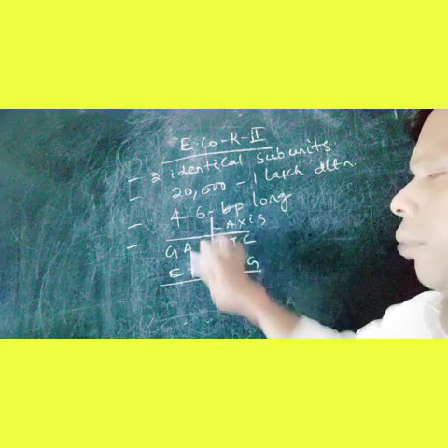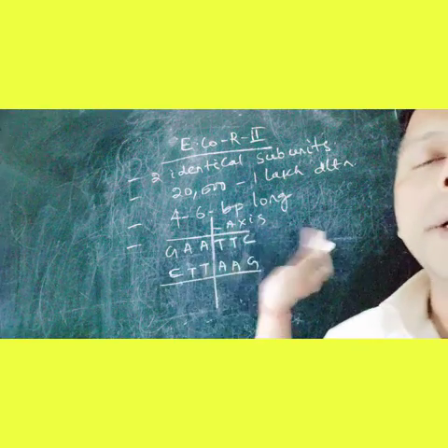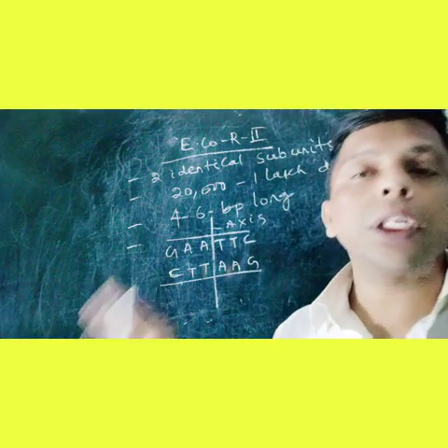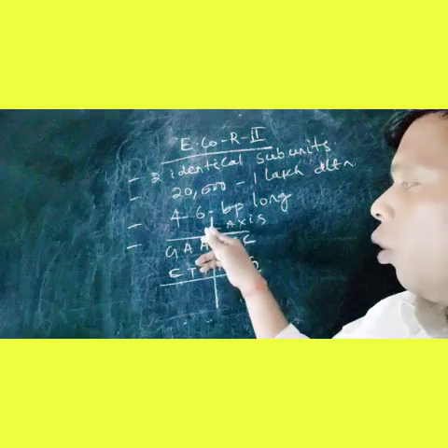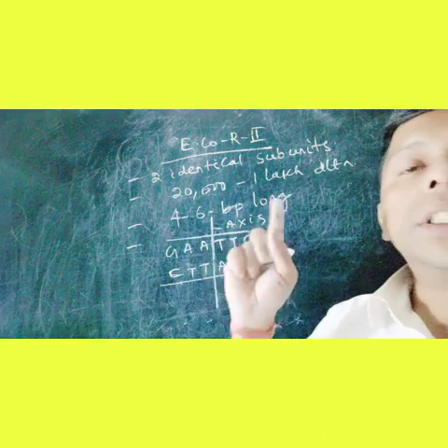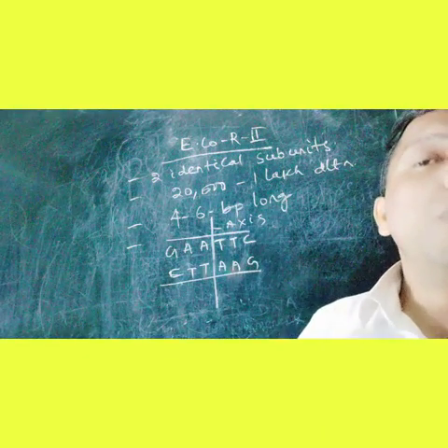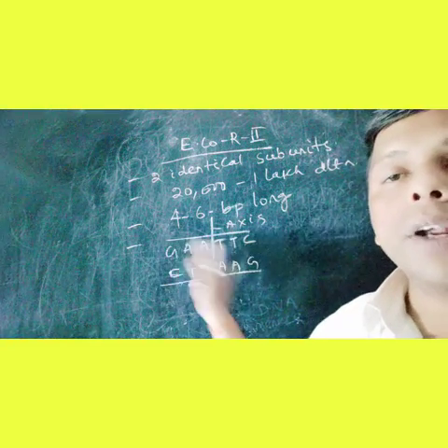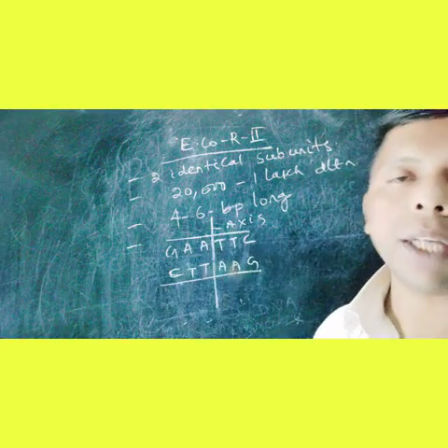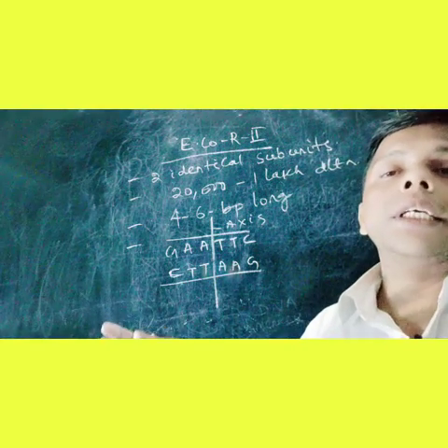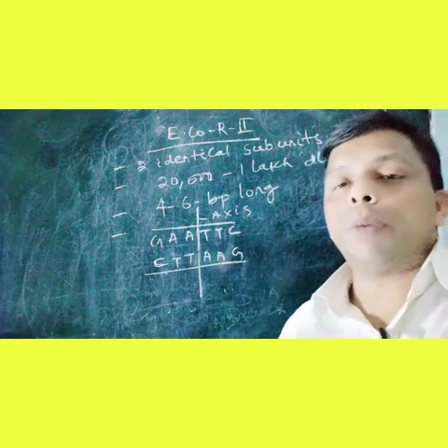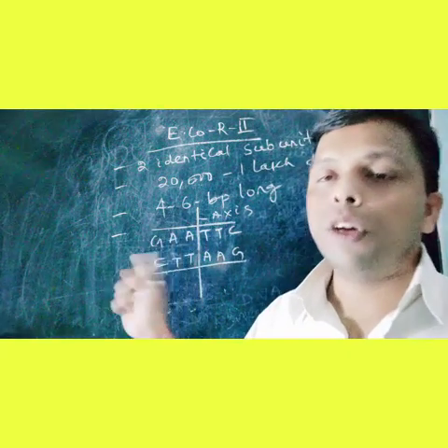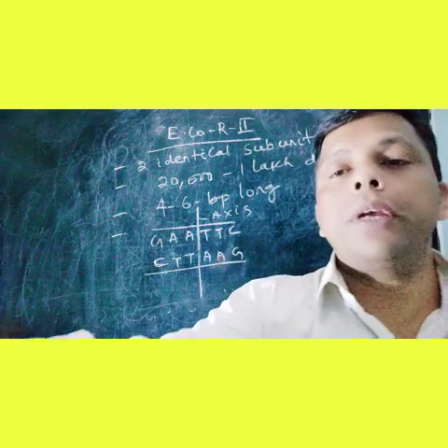The enzymes which cut the DNA along the axis generate blunt ends, while others cut the DNA on either side of the axis, which produces sticky or cohesive ends. Let's discuss the blunt ends and sticky ends produced by EcoR2.